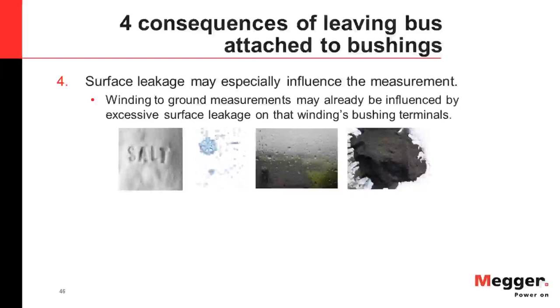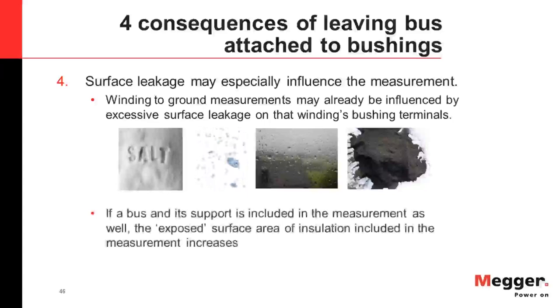Which brings me to this slide, and just a word about surface leakage and when it's most likely to cause a problem when you're testing. I can't really interact with you, but if I could, I would ask you which case shown here is more susceptible to influence from surface leakage and why.